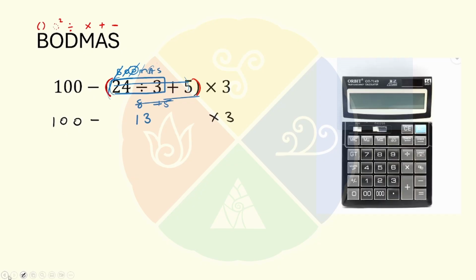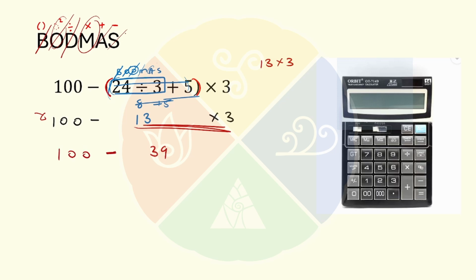Now you don't need to use the bracket. Once the bracket is done, it's gone. You can't find any order in the remaining thing. You can't find any division, but multiplication does exist. Here multiplication is 13 into 3. 13 into 3 is 39. Copy paste the remaining thing. Then addition is not there, subtraction is not there.